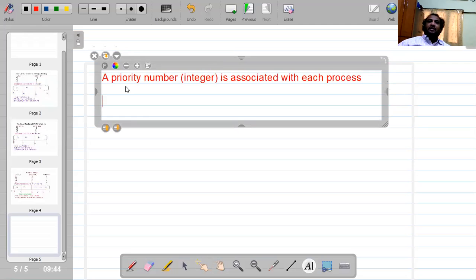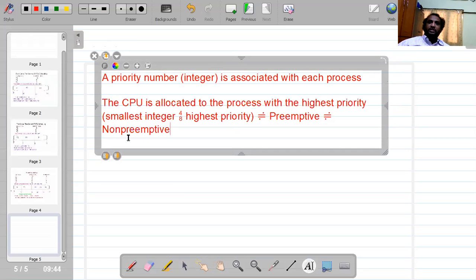Second, the CPU is going to work from the highest priority process to the lowest priority process.